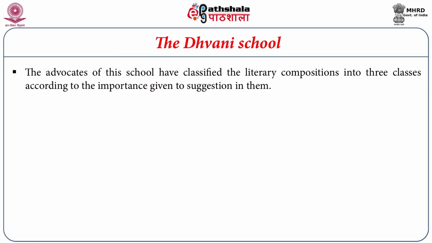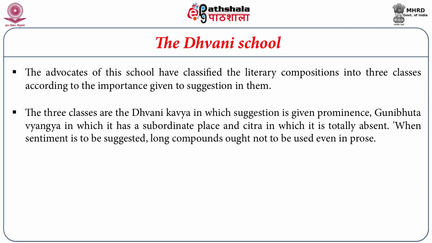The advocates of this school have classified literary compositions into three classes according to the importance given to suggestion in them. The three classes are the Dhvani Kavya, in which suggestion is given prominence; then Gunibhuta Vyangya. We have been talking about Lakshana there, Gangayam Goshaha. So that is also a sort of poem, Gunibhuta Vyangya, in which suggestion has a subordinate place; and Chitra, in which it is totally absent.